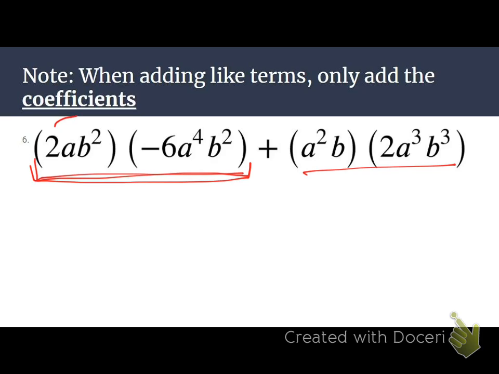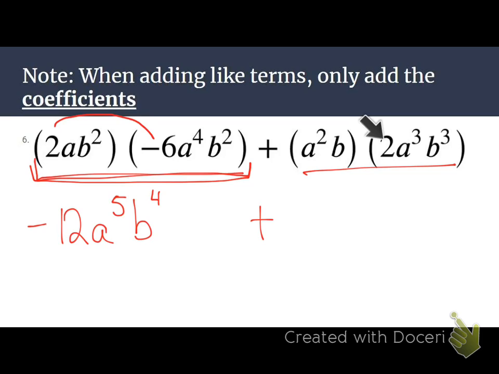The 2 gets multiplied by, what do we get? Okay, we get -12 a to what power? To the fifth power, b to the fourth power. Then there's that plus sign. On the other side, this 2 back here is getting multiplied by what?